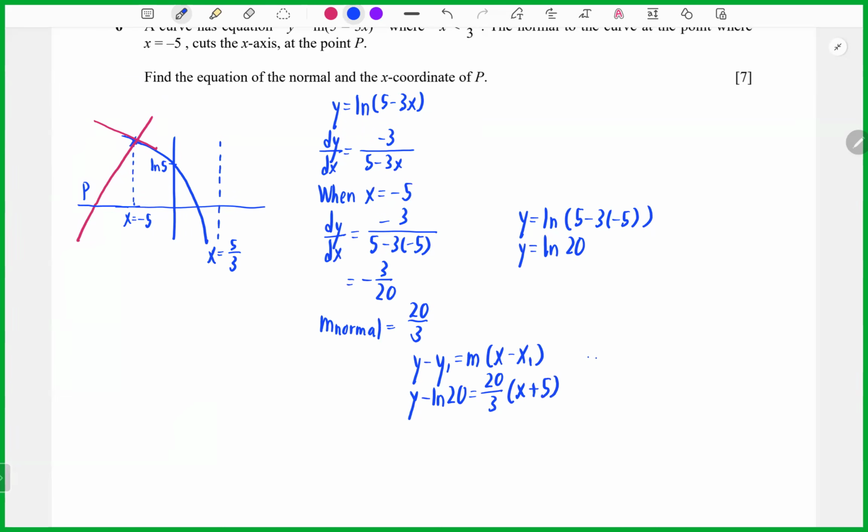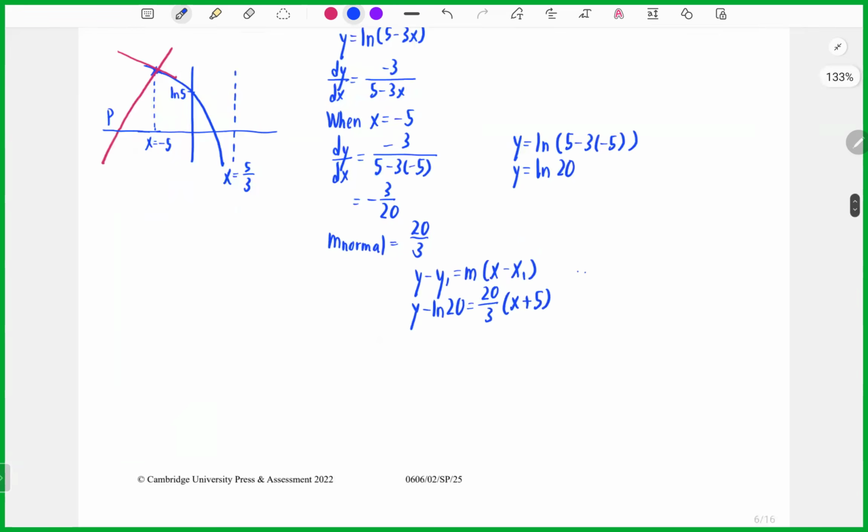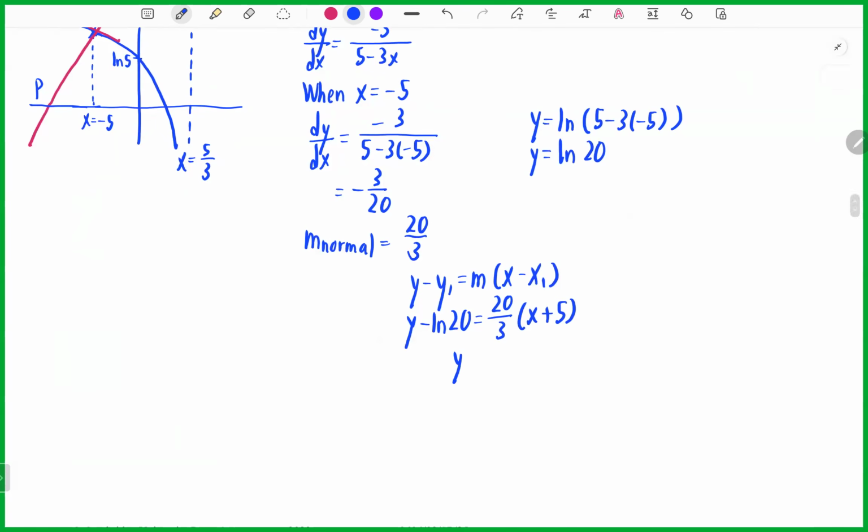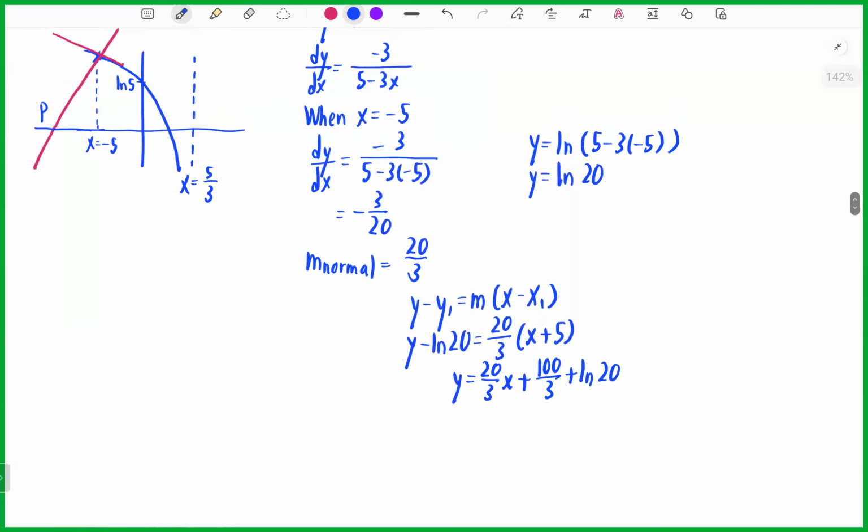Okay, so you can take y equals to 20 over 3 x plus 100 over 3 plus ln 20. This is your answer. You can also write in decimal places, I just write in exact values.